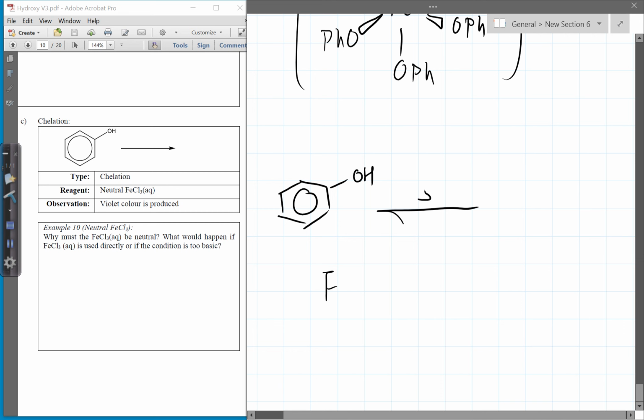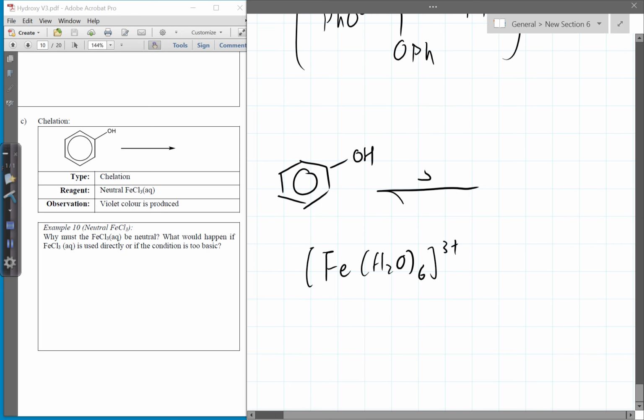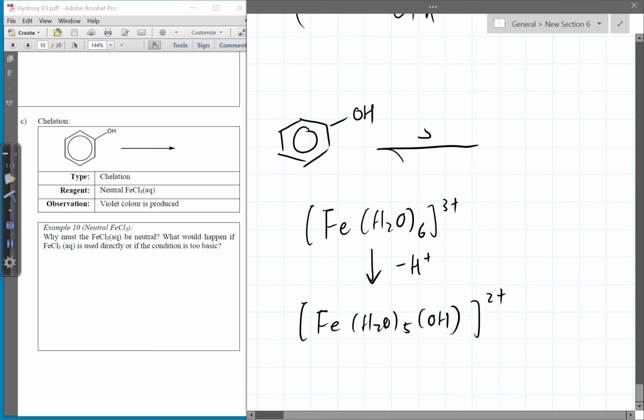Like what we learned in ionic equilibrium, under salt hydrolysis, small and highly charged species will hydrolyze water. In water you form this species, [Fe(H2O)6]3+, by the way. 6 water molecules surround it. So what will happen is, you can lose a H+ to form [Fe(H2O)5OH]2+, and so on until it becomes neutral. So a solution of FeCl3 is actually acidic.